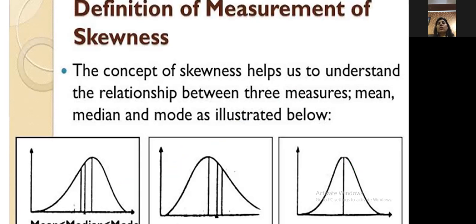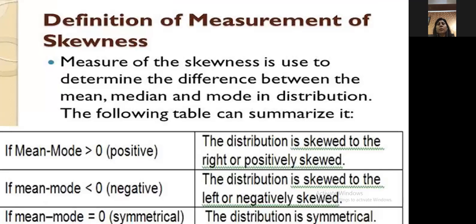The concept of skewness helps us understand the relationship of these three measures, the mean, median, and mode. The figures show the positions which we have already studied. Now understand them in a quantifiable manner: what formulas we have to use, how we have to calculate, and how this skewness is categorized. In the next slide, we will understand it in a much better way.